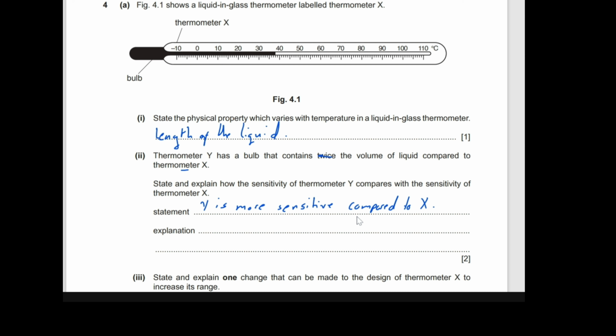Or you can say more liquid will expand, which gives a larger change in the level of the liquid.